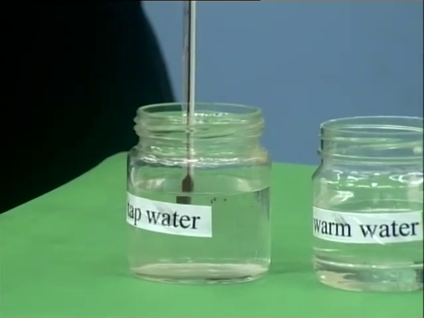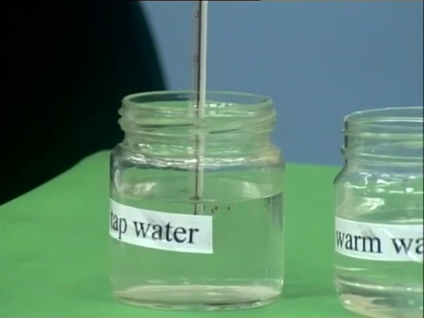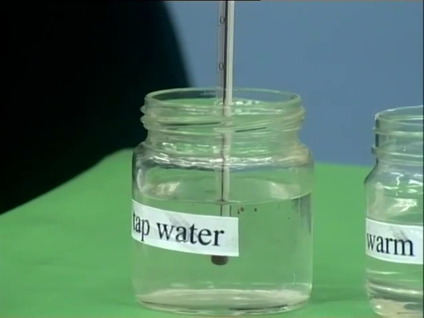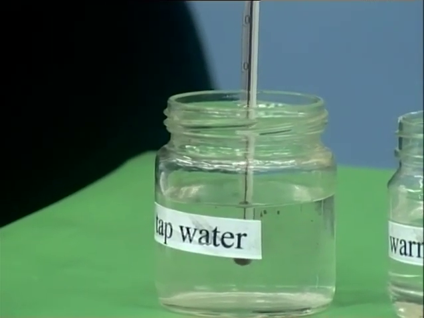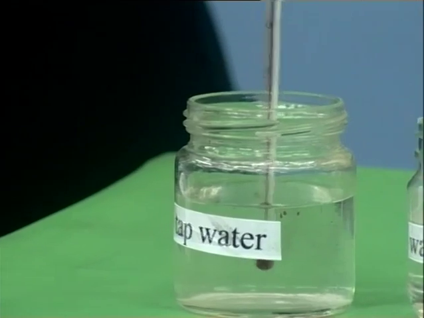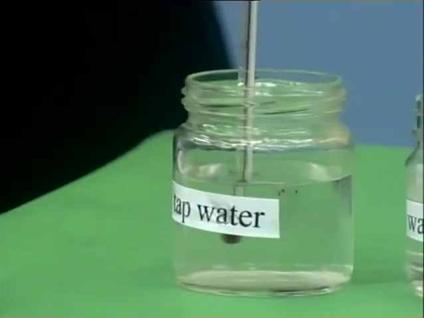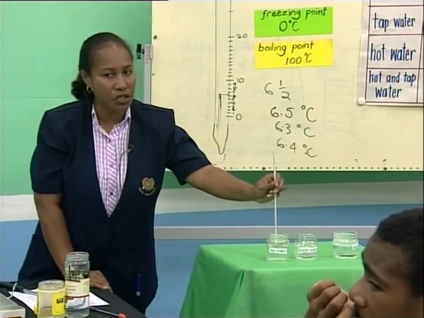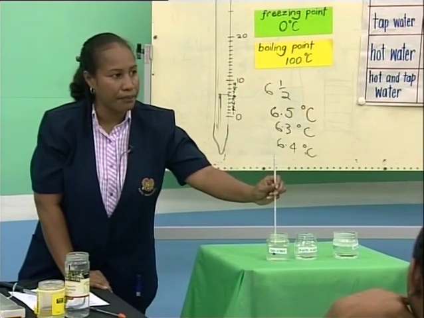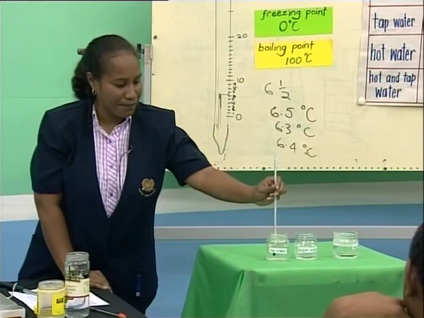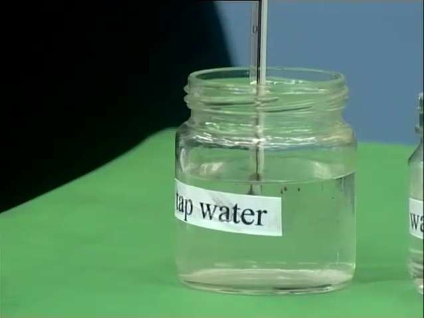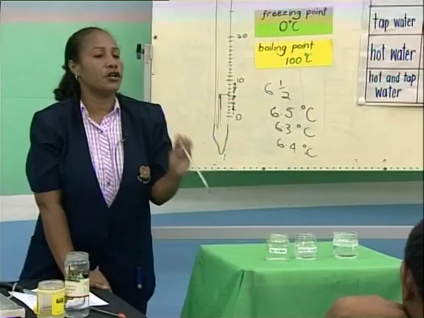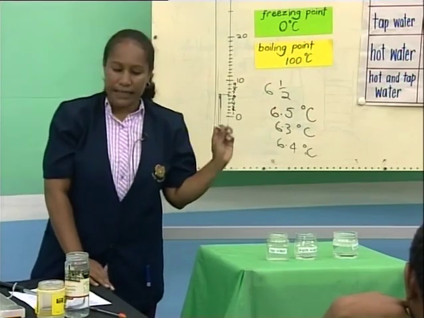Do not place it all the way down to the bottom of the jar, just somewhere above. Make sure it does not touch the bottom of the jar. And hold it there for 2 minutes. And you watch, observe what happens to the alcohol strip. Then you take the reading. Okay, good. So you will do the same with the other liquids.